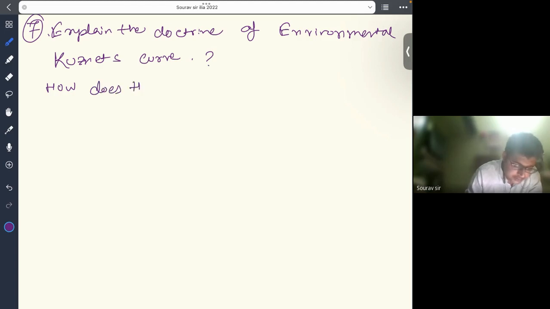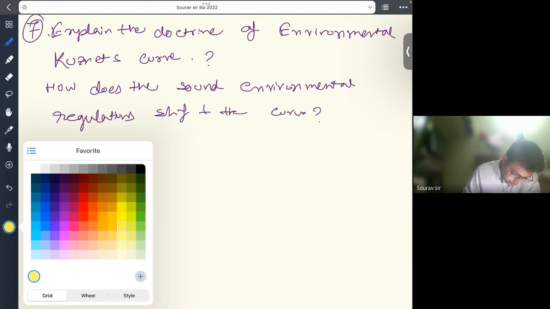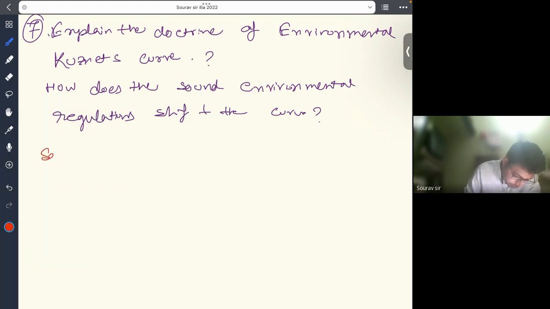How does sound environmental regulations shift the curve? This is the entire question. Let's try to solve it.